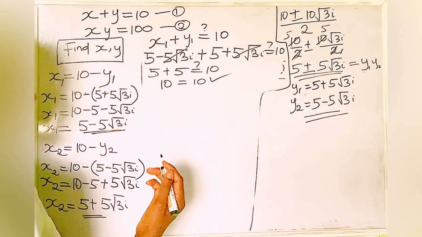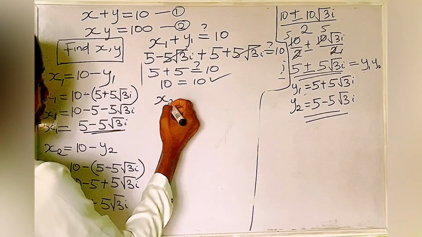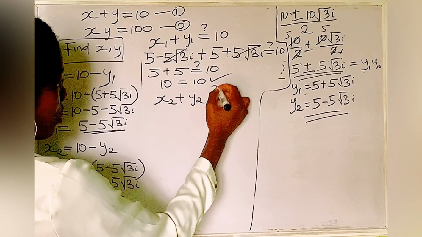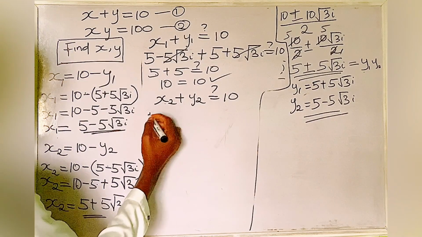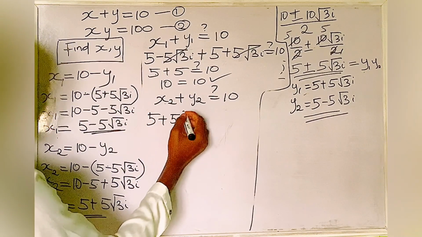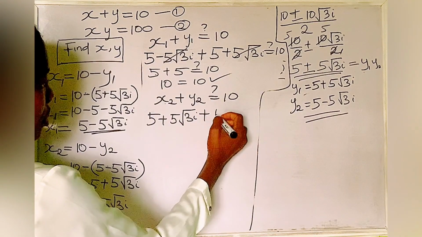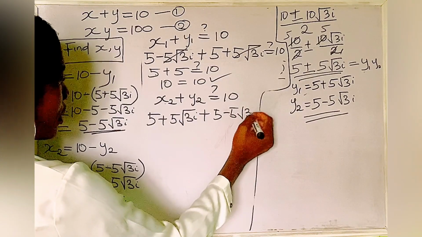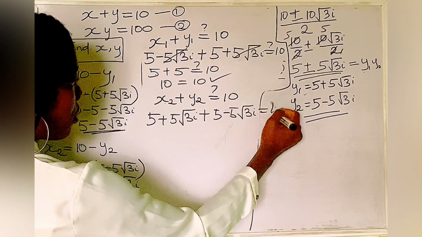So now let's check x2 and y2. x2 plus y2, let's see if the answer is equal to 10. We have 5 plus 5 root 3i plus 5 minus 5 root 3i. Is it equal to 10?